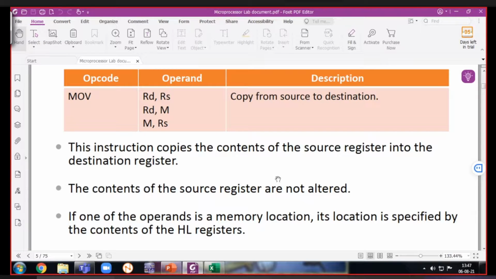If one of the operands is a memory location, its location is specified by the contents of the HL register. What does it mean? I will explain with a proper example.